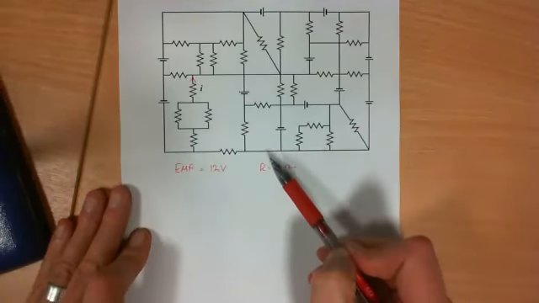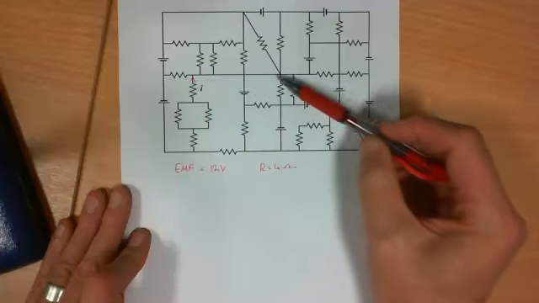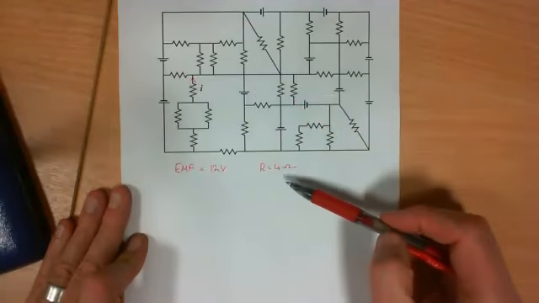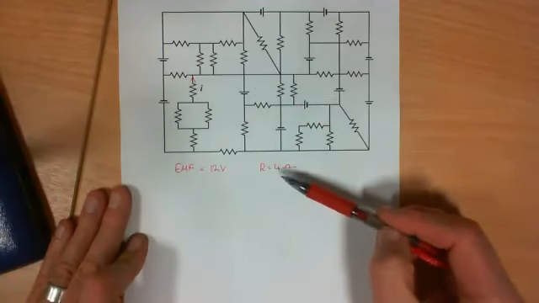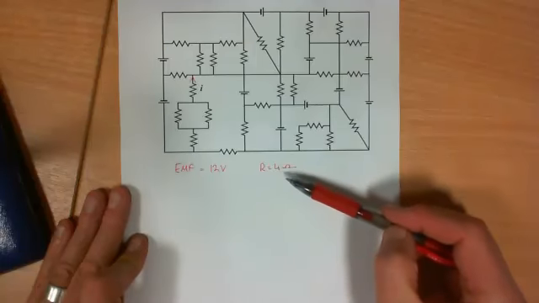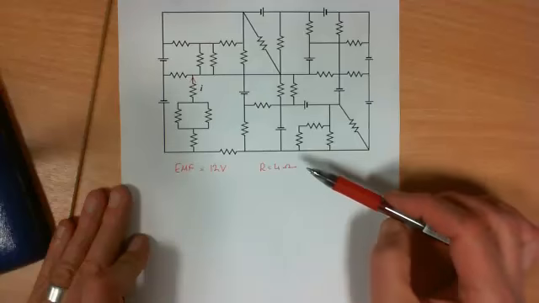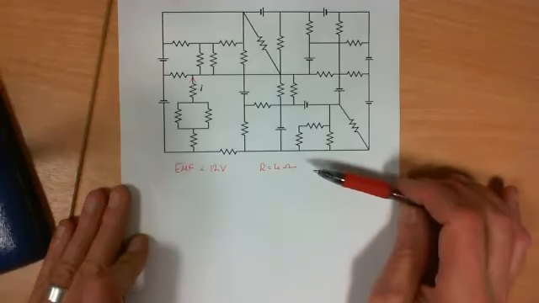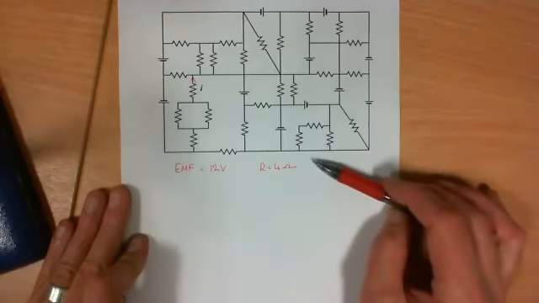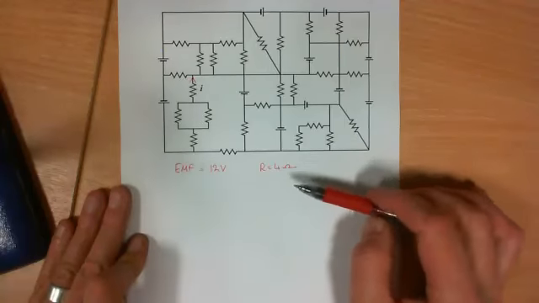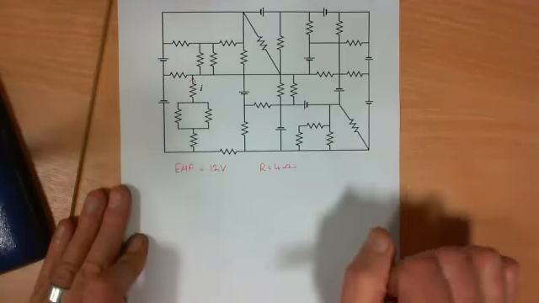Now the trick is to find a route through this circuit that minimises the number of resistors that we pass through, because each time we go through a resistor we have to calculate IR, and if we don't know the current at that point then we have to call it I1 or I2 or I3, and so each time we get another unknown.